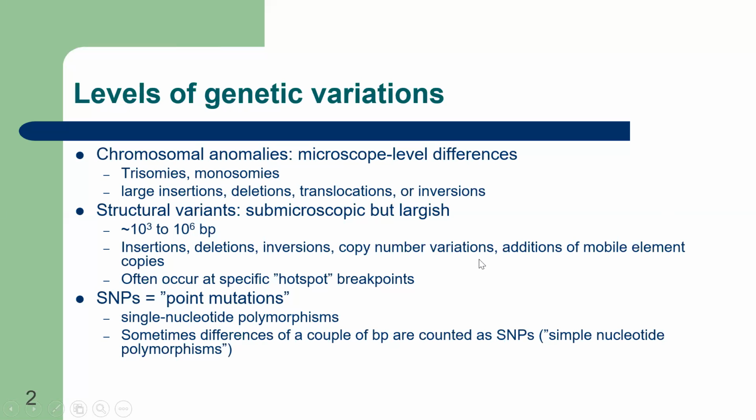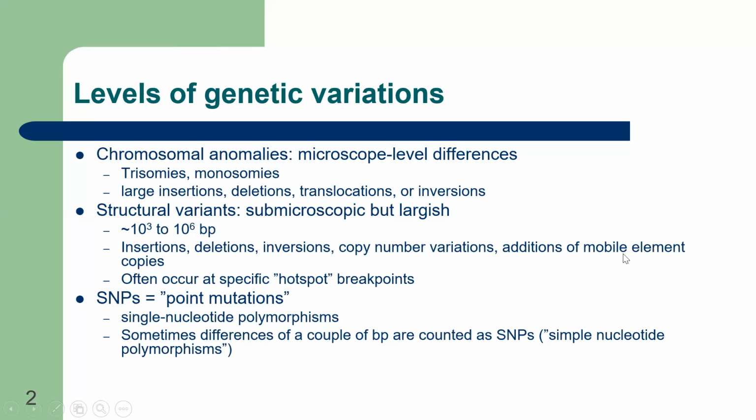The structural variants might include, as in the larger scale things, insertions, deletions, and inversions. And then copy number variations, which is more like having multiple insertions of the same region, or multiple duplications of the same region, maybe the same gene.